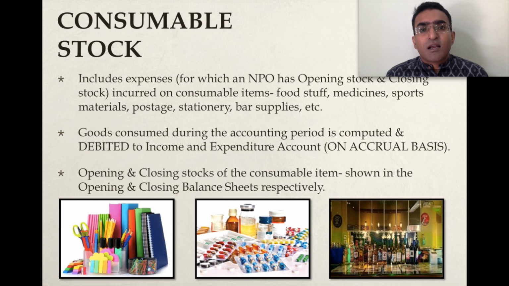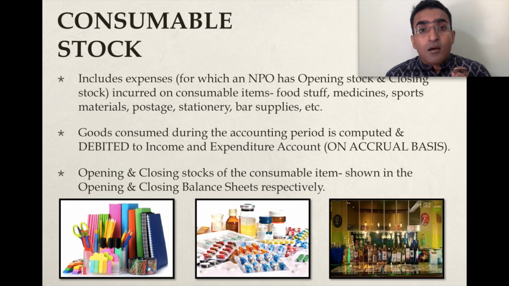Whatever items are consumed during the year, even if we have not paid for them, that means even if they are unpaid, even if they are outstanding, they are all included in the consumable stock expenditure and shown on the expenditure side in the income and expenditure account on the debit side.